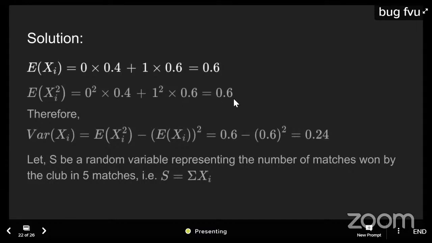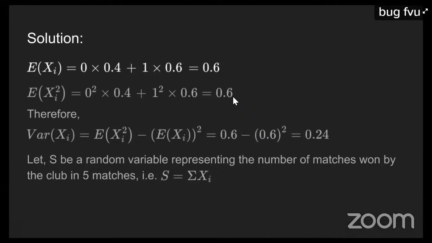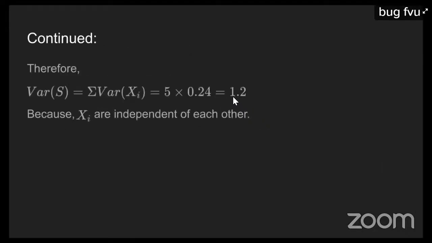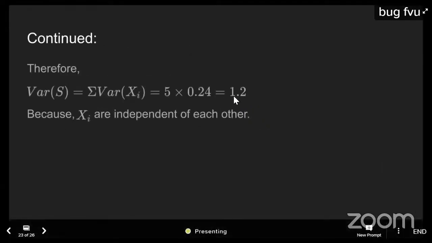I multiplied 0.6 by 5, and expectation of x whole square, which is 0.36 for one match, I also multiplied by 5 and then subtracted. Then I directly got 1.2. Yes, that's also an approach. It's the same thing, you're correct.